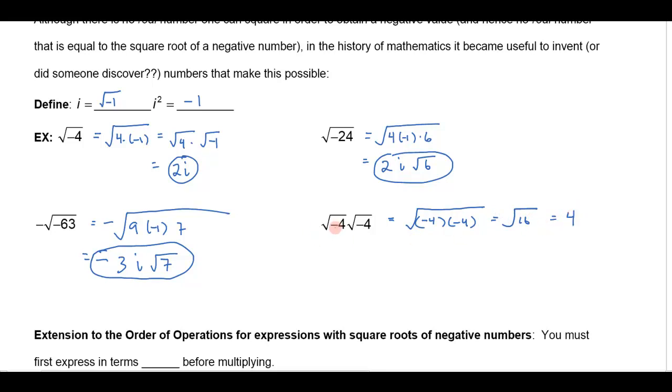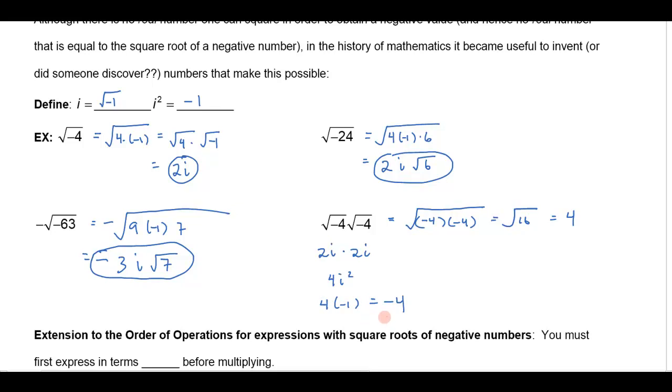Now another way I could do that is I could think of the square root of -4, like we did up here, as 2i. And if I multiplied 2i here by 2i here, notice that that would give me a 4 times i squared. And i squared, remember, is -1. So this would be 4 times -1, which is -4.